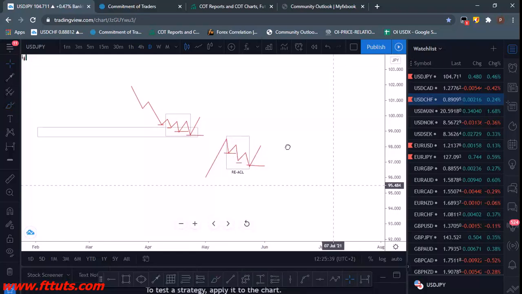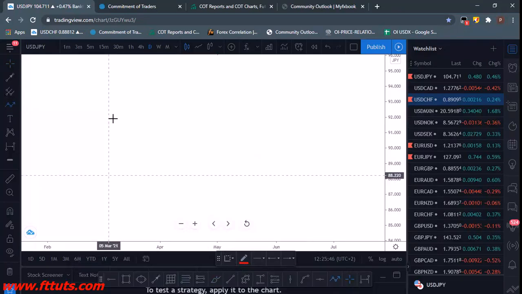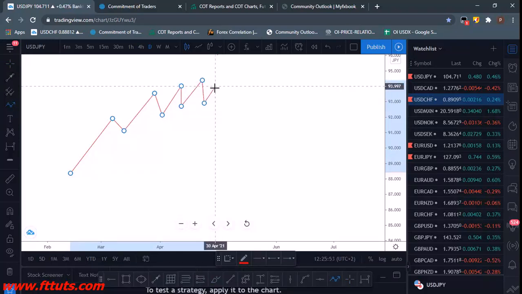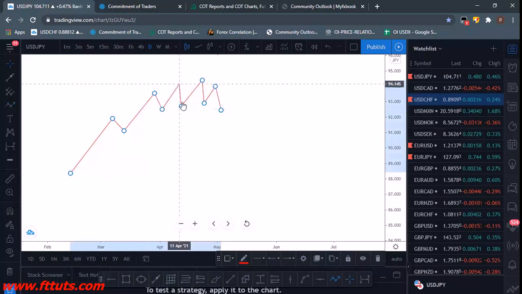Then we have distribution. So distribution will come after a nice move up. Let me just check this like this. This move can make sense.